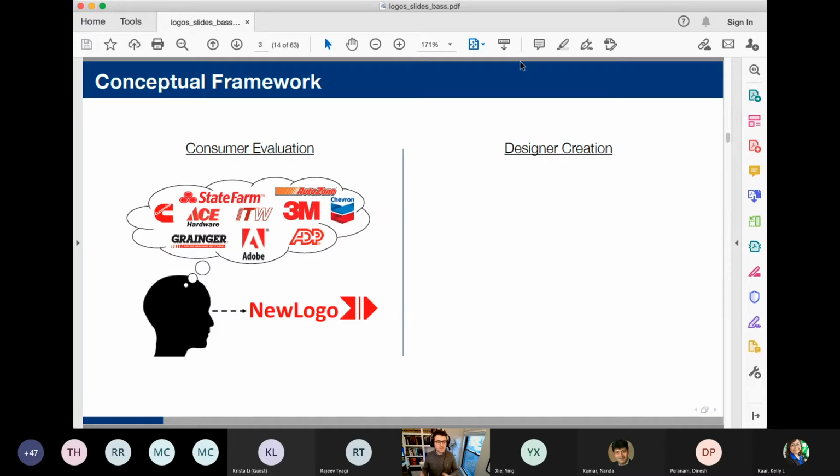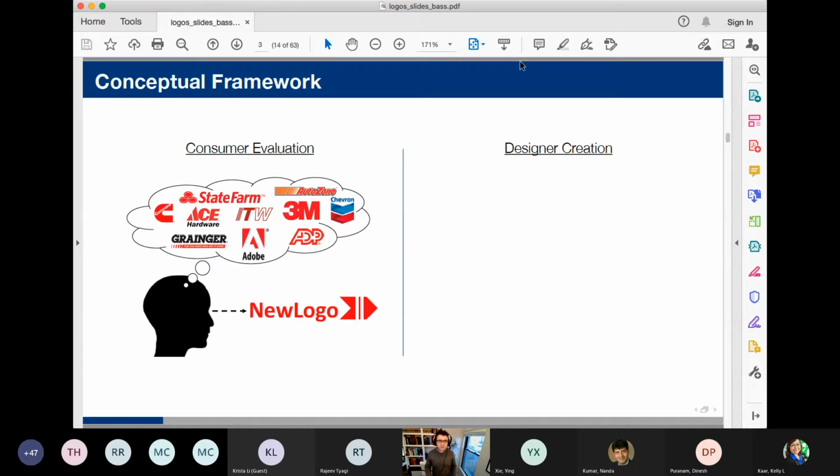So for instance, logos that might share a similar color scheme, a similar mark, that arrow-like design. Maybe firms that have a similar font, or firms that I've seen in similar places. And it's exactly this idea that when a consumer sees a new logo, it draws to mind a bunch of different associations.